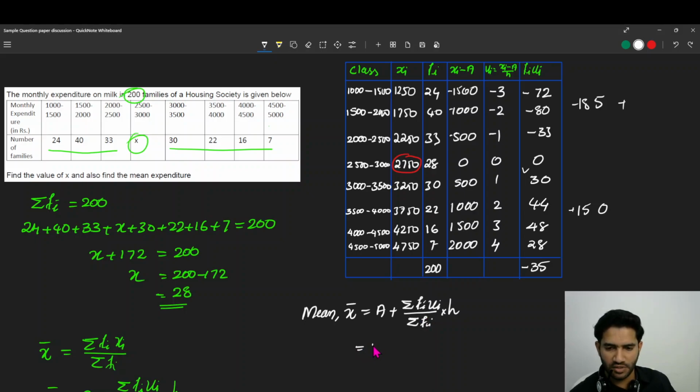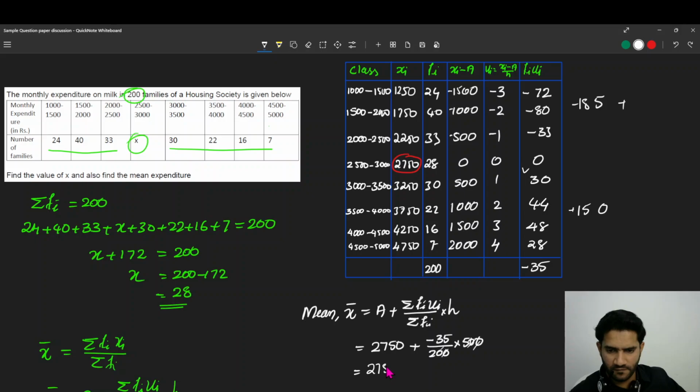So A means 2750. Sigma fi ui is minus 35, by 200, into 500. So we can cancel 0, 0, 0, 0, and 35 into 5 by 2. So first of all, 35 by 2.